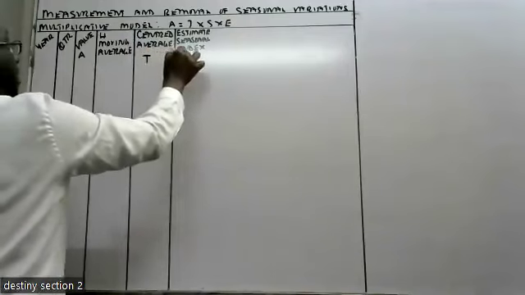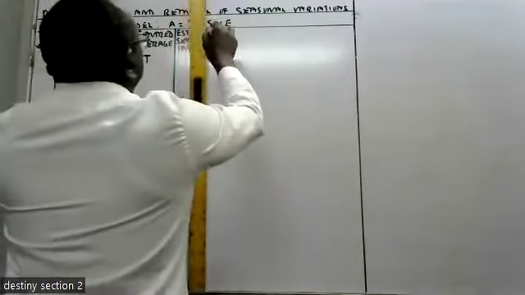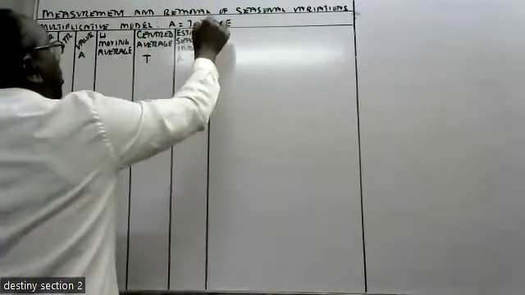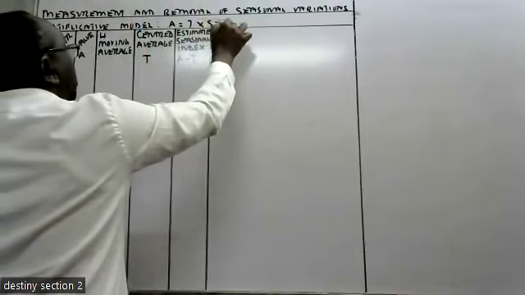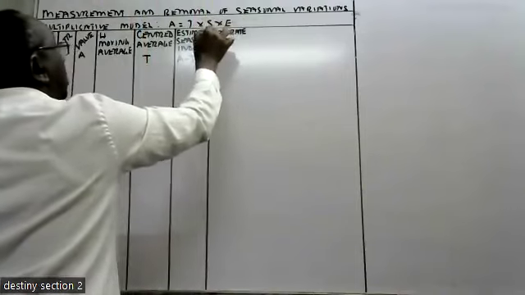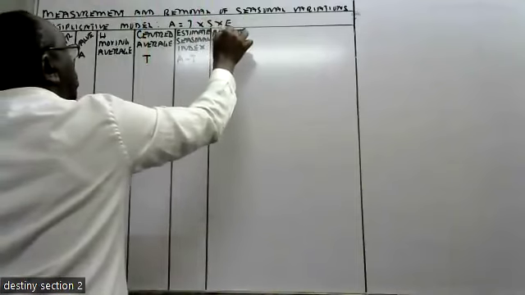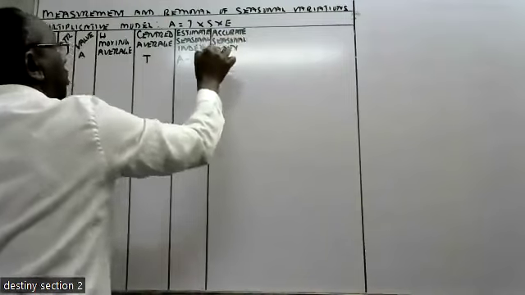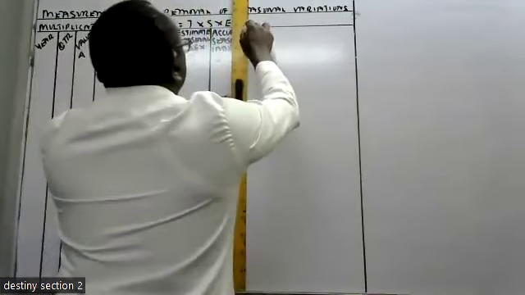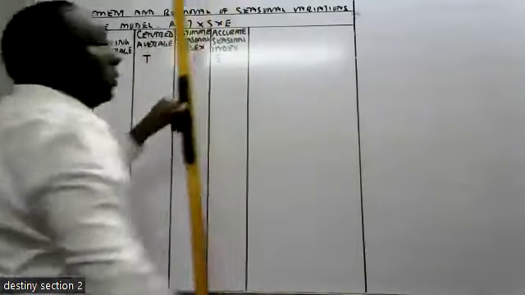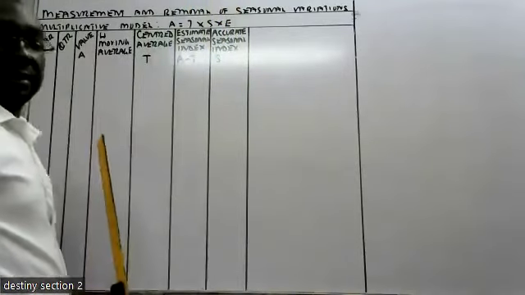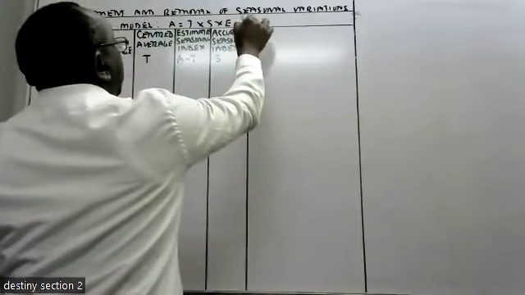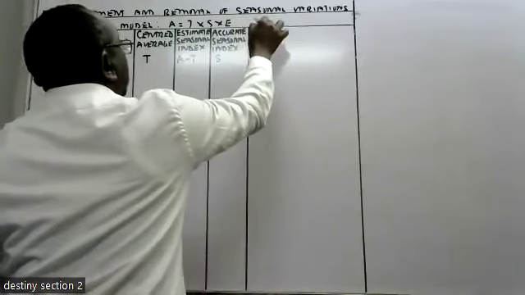This is given as A minus T. Then we have accurate seasonal index, which we normally call S. Then I have adjusted values.